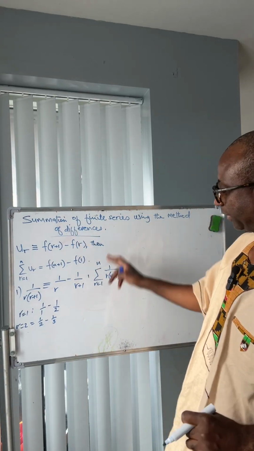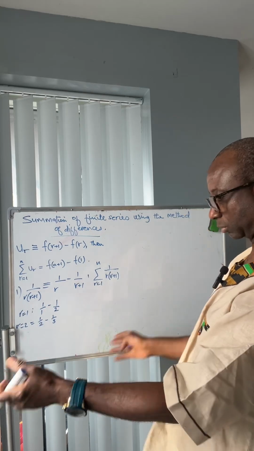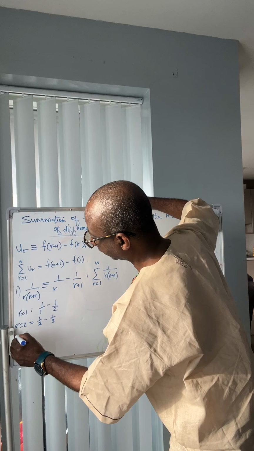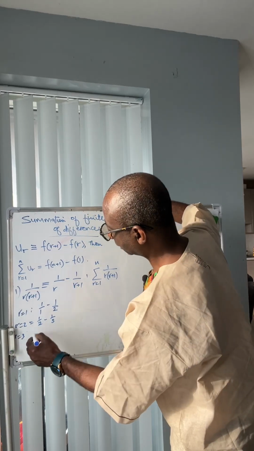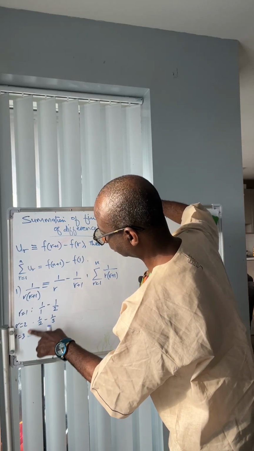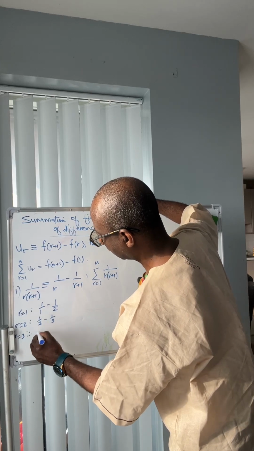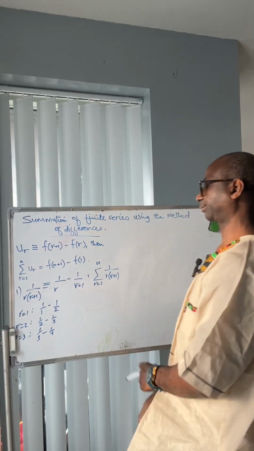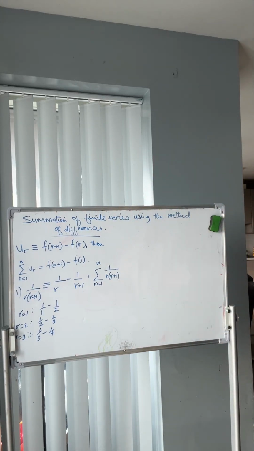Using the method of differences, you are finding differences, subtraction. When r equals 3, you will get 1/3 minus 1/4. So we are seeing a pattern here. Suppose r is equal to n minus 1.